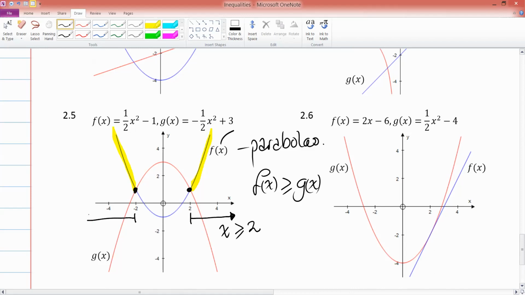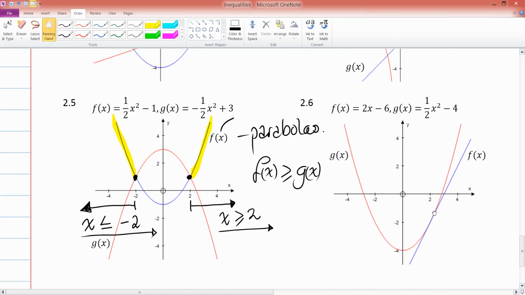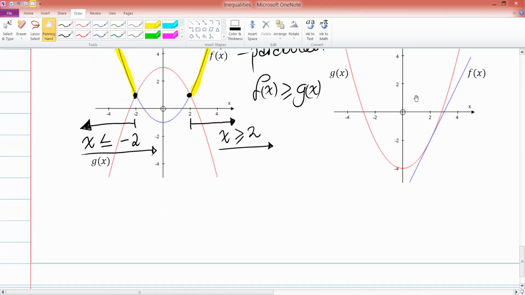From -2 to -infinity. So x is less than or equal to -2. Okay, so average gradient now.